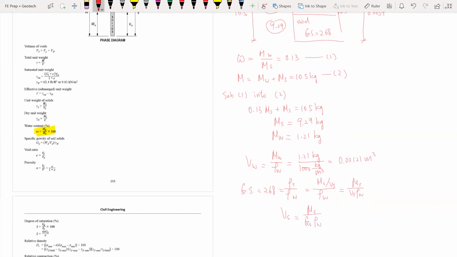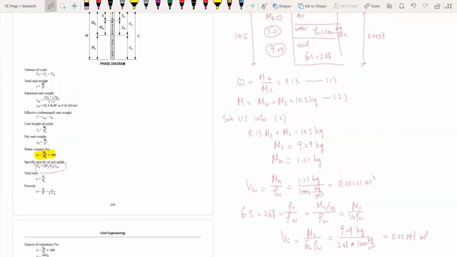You realize the equations I'm putting in here are similar to these equations. Just be careful about interchanging between unit weights and density. So we put in the information and find the volume of the solid right here.